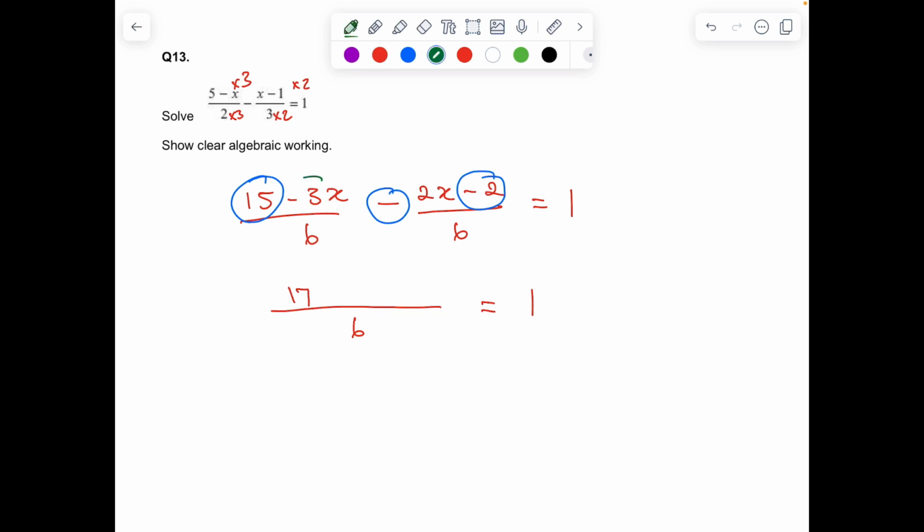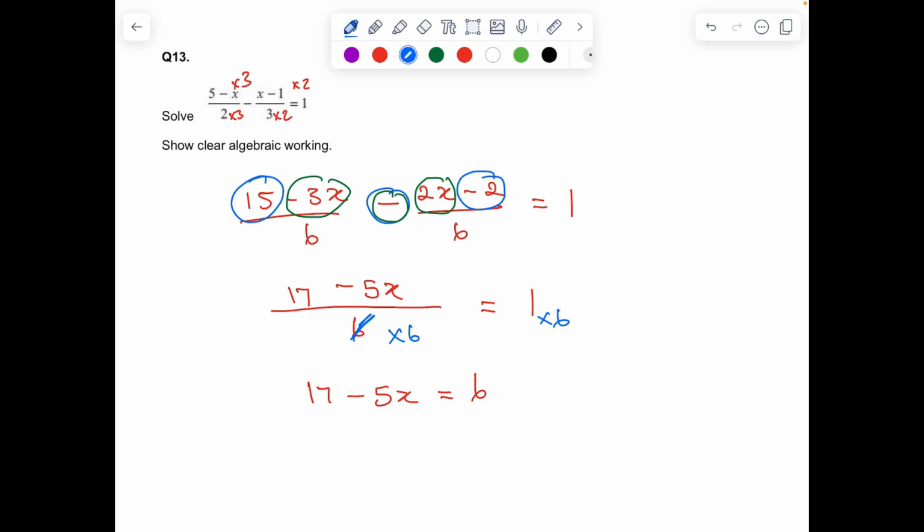Next I do minus 3x take away 2x, which is minus 5x. Then I need to get rid of this divide by 6 by timesing by 6. And then it becomes much easier to manage. 17 take away 5x equals 6. That is much, much easier.